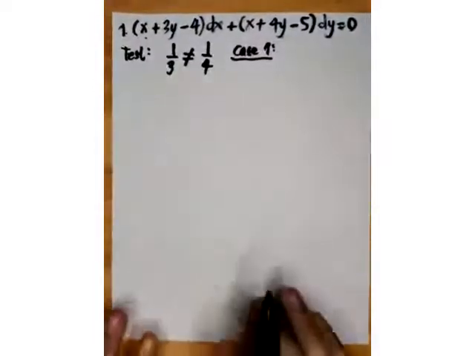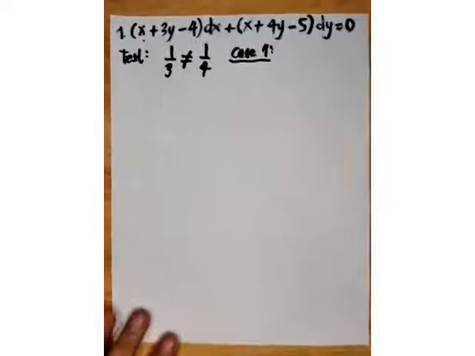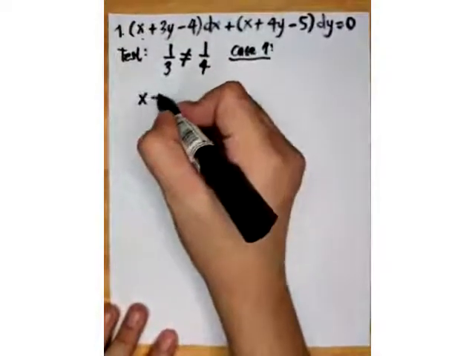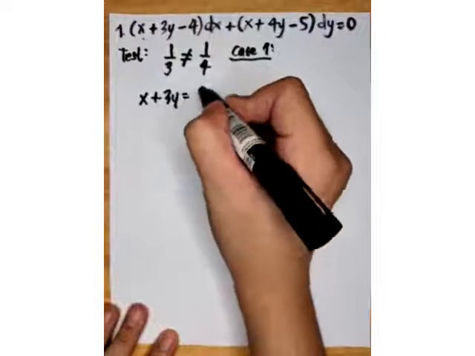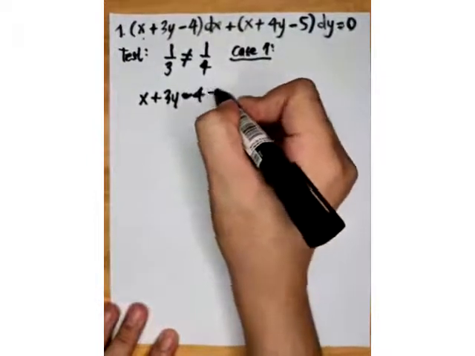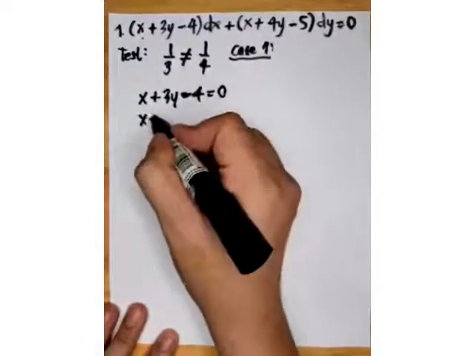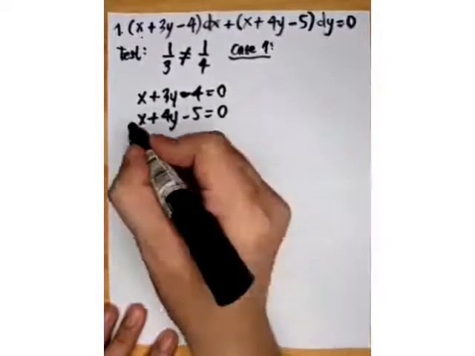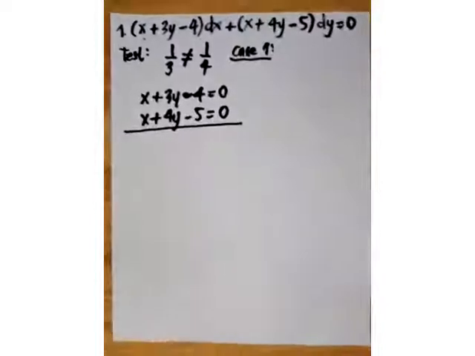Case 1. Okay. Pag na-identify na natin kung anong case siya, equate natin yung dalawa into 0. So, x + 3y - 4 = 0, and then x + 4y - 5 = 0. And then we just get the value of x and y. I will do elimination method.